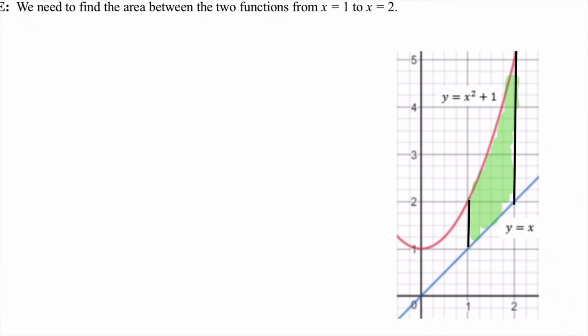What we're going to do is find the area of the entire thing underneath x squared plus 1, and then find the area underneath y equals x, subtract them, and we get the green stuff. But we're going to do that all in one.